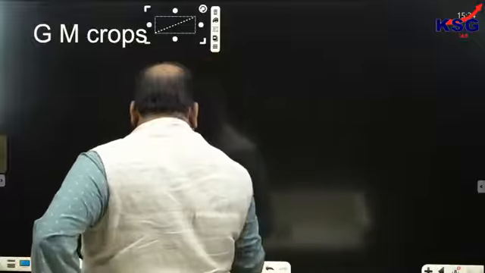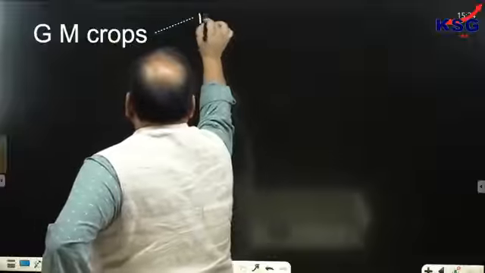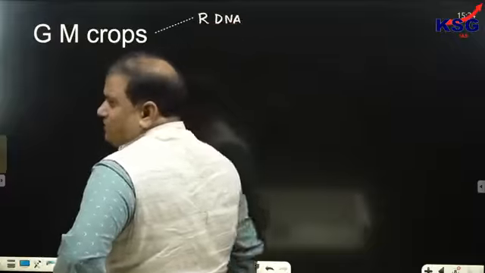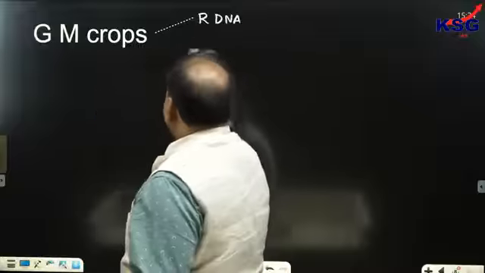GM crops. Fine. Now, as far as GM crops are concerned, the first thing you have to know is that GM crops essentially have rDNA present in them. rDNA means recombinant DNA is present.